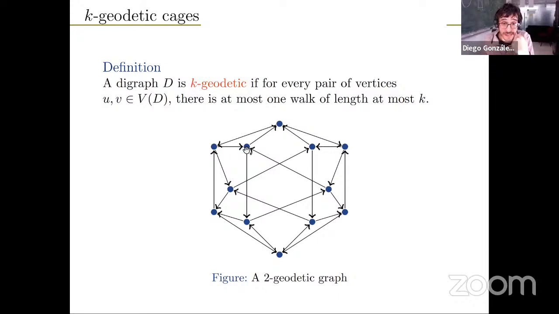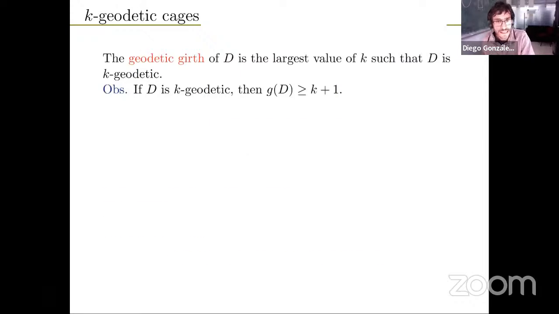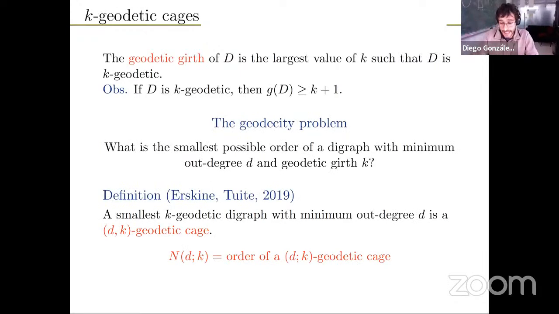So here we have this closed walk and the trivial walk, so it cannot be a 3-geodetic digraph. Okay. So as in the cage problem, we can define the geodecity problem.